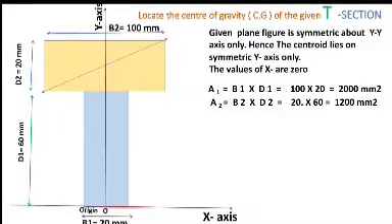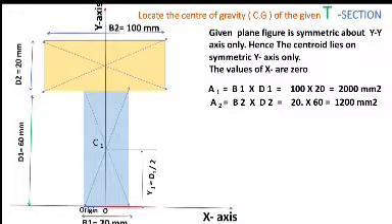Therefore, now I am drawing the diagonals to locate the individual centroids. C1 refers to the centroid of the bottom rectangle and C2 refers to the centroid of the top rectangle.